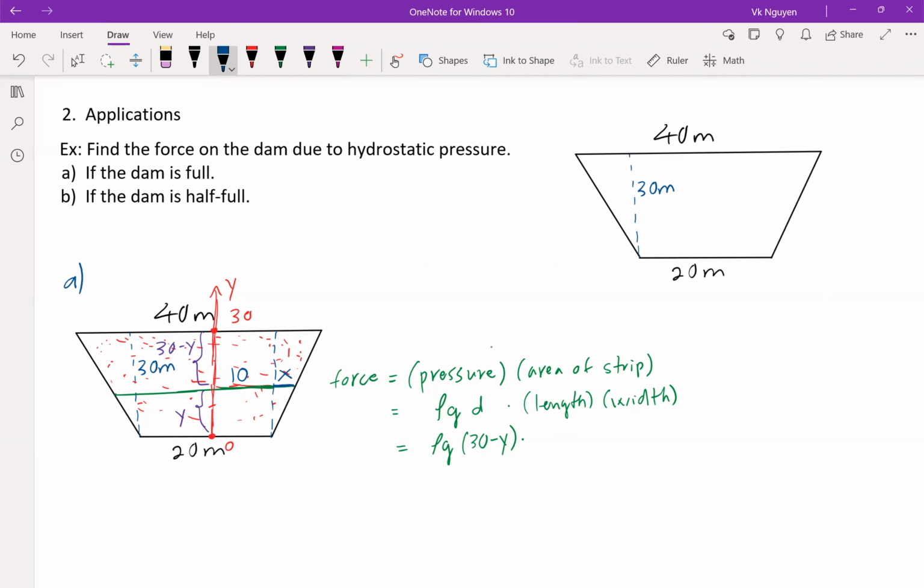And then we know that this small height right here would be y. There are two right triangles, the smaller one and the bigger one. We can figure out x using similar triangles.